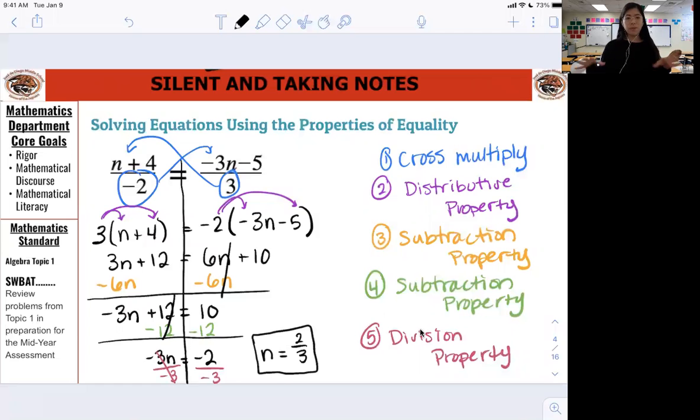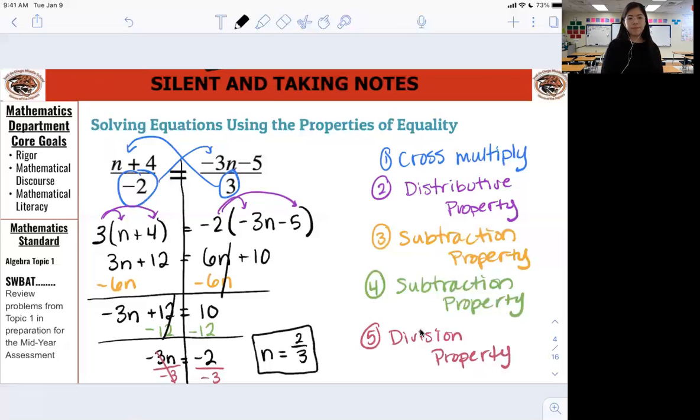You want to have whole numbers, because if you had to add or subtract fractions, it would just make your life a lot harder. So anytime you have fractions, that's the first thing we want to get rid of, which is why we did cross multiplication. Cross multiplication eliminated all my fractions right away.